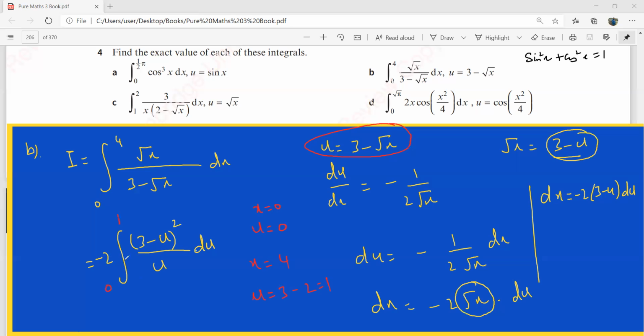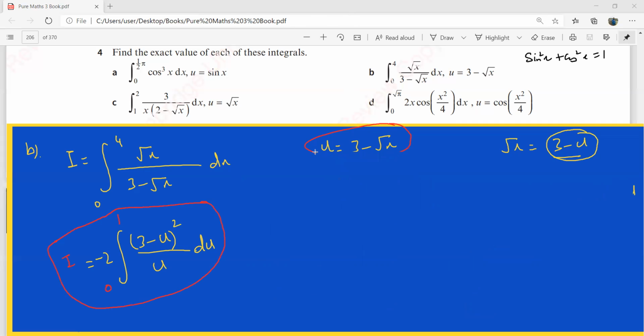These are the limits that you have here. Now your integral is purely in terms of u. That is the first task of your integration by substitution, that you convert your integral according to the given substitution.